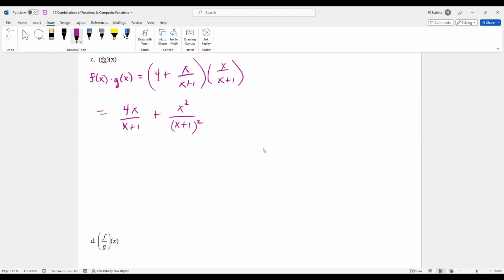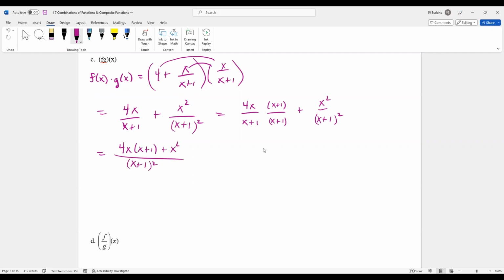All right, so basically I'm just doing these two multiplications. Now again, if I want to do a common denominator, right, this first fraction is missing an x plus 1. So I'll multiply by that, top and bottom. So now I get 4x times x plus 1 plus x squared all over x plus 1 squared.